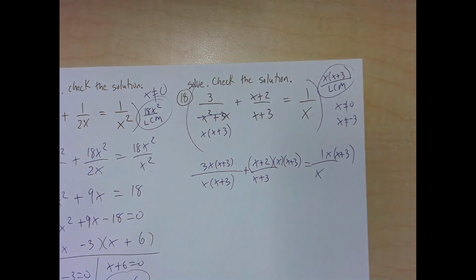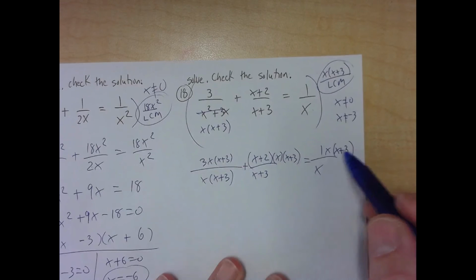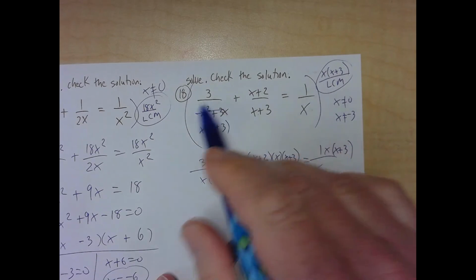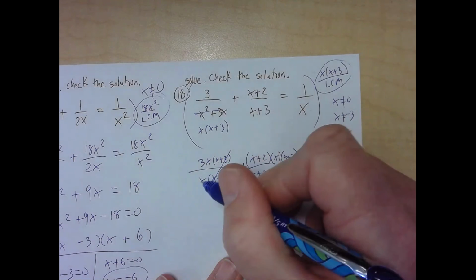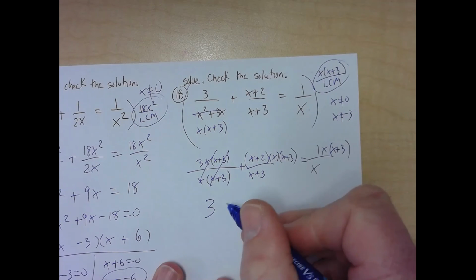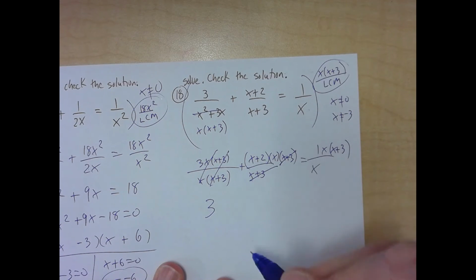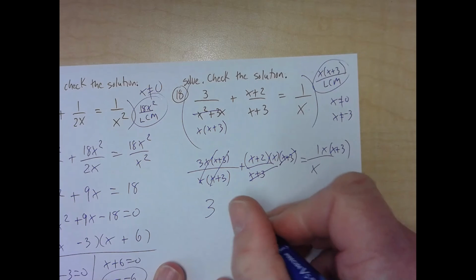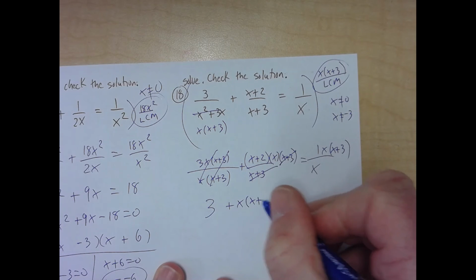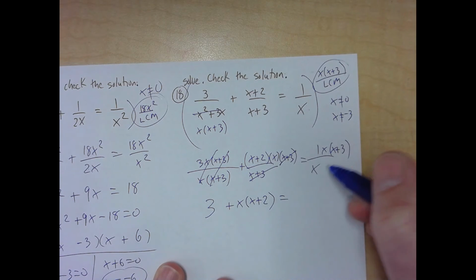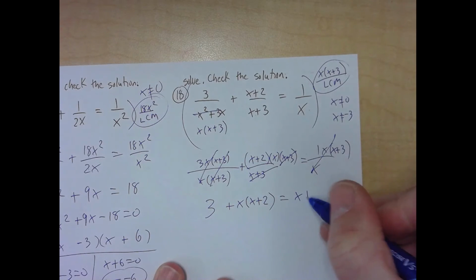Okay, now, so the x plus 3 got distributed through to all the parts. Cancels out, leaving 3. Cancels out, leaving x times x plus 2 equals. Cancels out the x's, x plus 3.